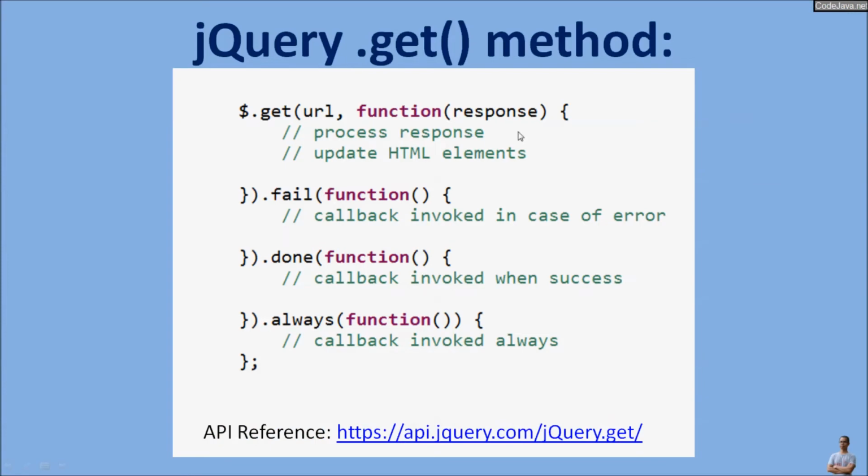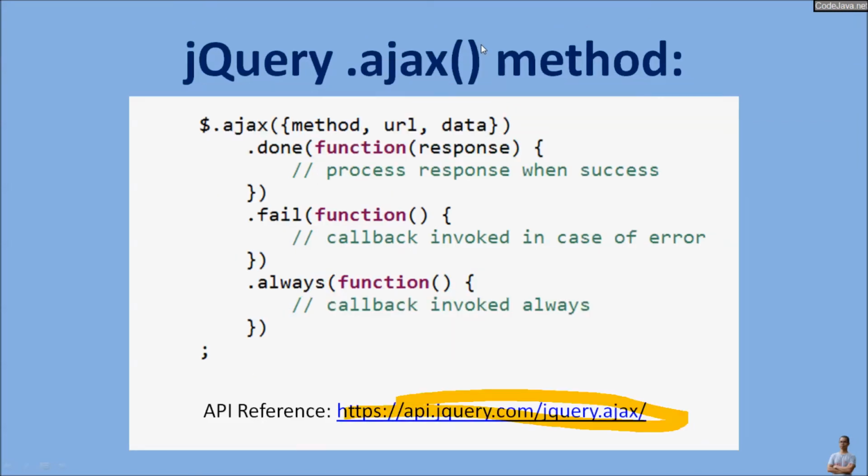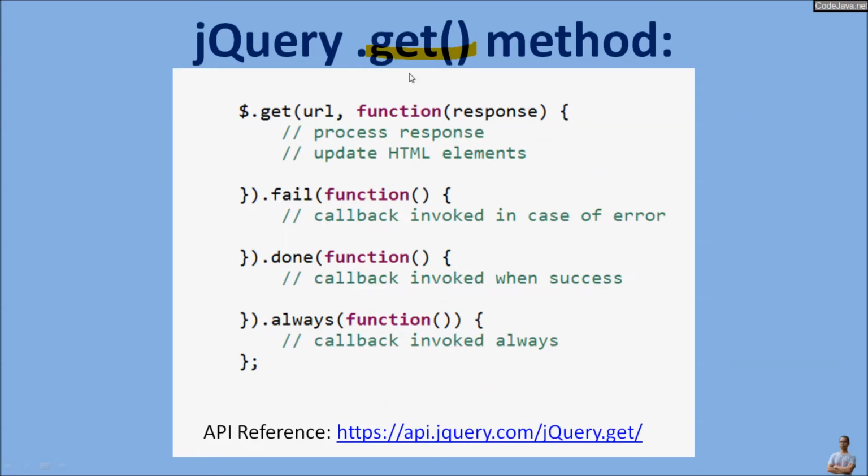jQuery API also provides the .get method. That's the shorthand for the .ajax method for performing HTTP GET request with AJAX. And now let's update our code to use this .get method to make AJAX call for HTTP GET request. For more information about the syntax of this method, you can see this URL.